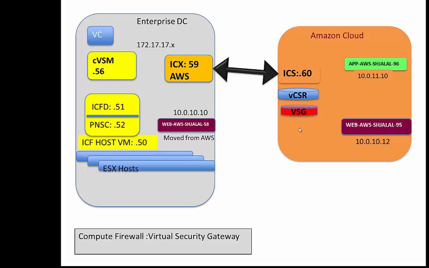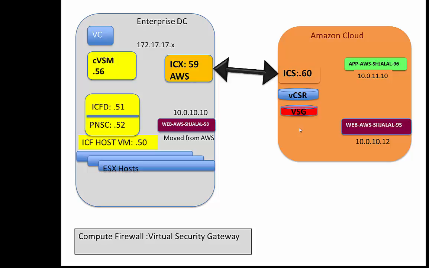As there is no inter-VLAN routing from the management VLAN to 10 or 11, we have a VM inside the data center, web 58, with IP address 10.10 on VLAN 10. That was deployed in AWS and then moved back to the data center.